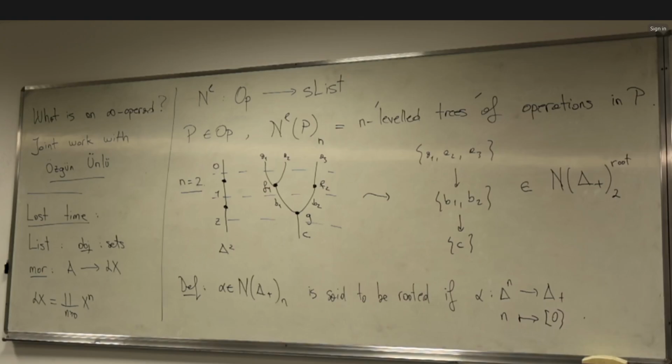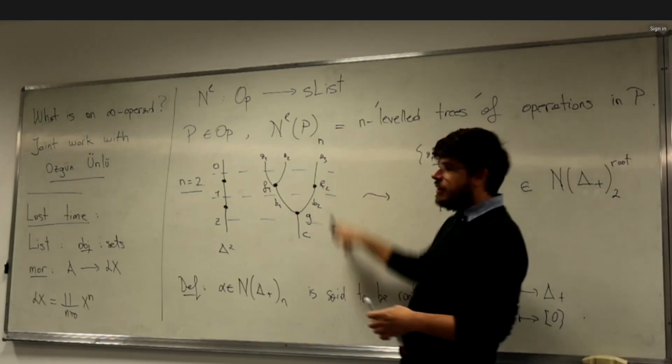For each operation we have the target, which is D0, a function. We have the source, which is D1, a listing. And we have the degeneracy S0, which is, again, a function. So this is just a configuration of some operations with source and target, like this picture.